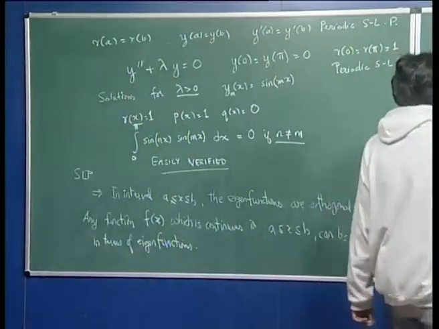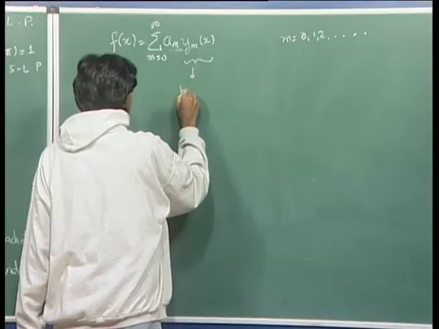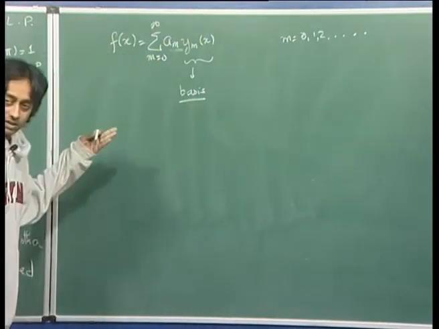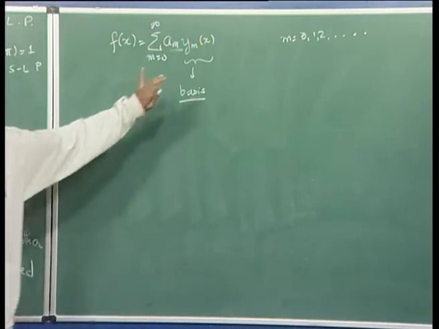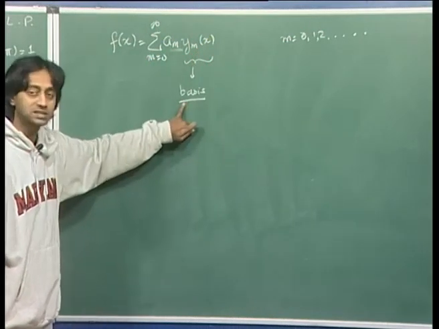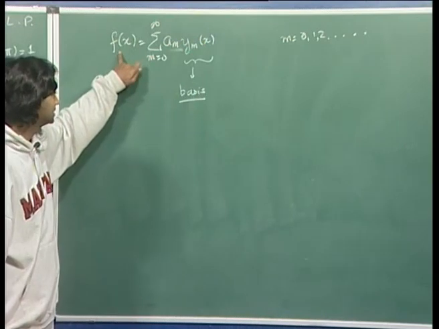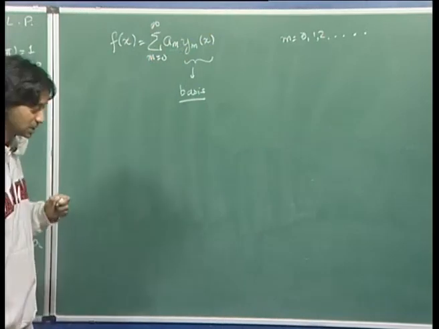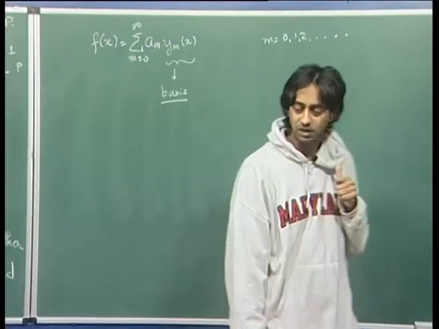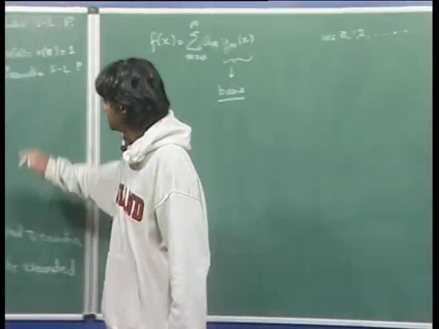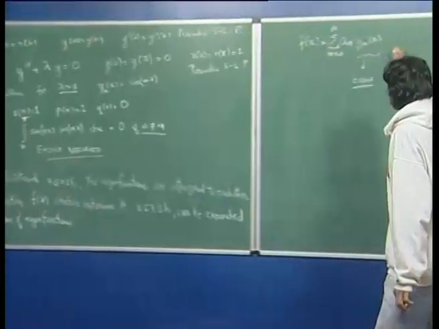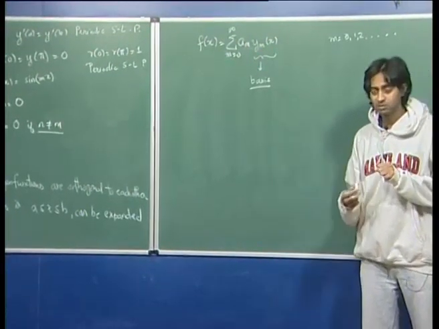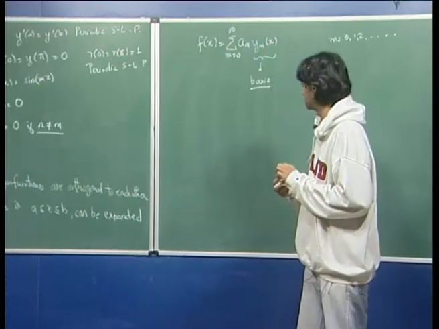In other words, these orthogonal functions also form a basis. So, we can go back to the language of vectors and say that these are linearly independent, they form a basis, and any function that is continuous in this range can be expressed as a linear combination of these eigenfunctions. So, what we have done is gone from the language of differential equations to a language of vectors and bases. And we could do this because of the Sturm-Liouville theorem for the existence of orthogonal eigenfunctions.